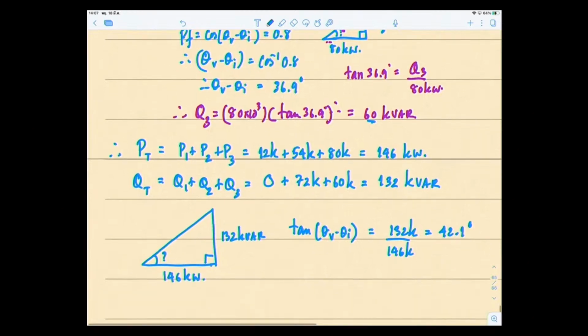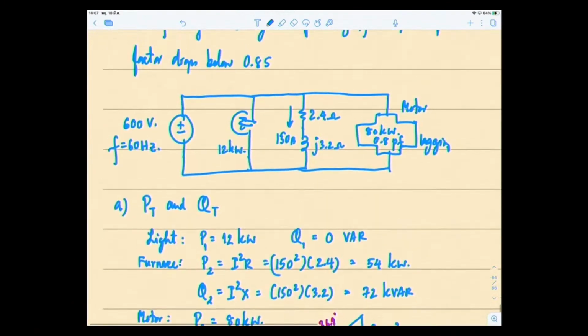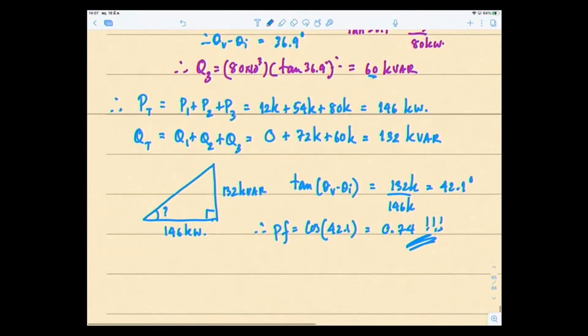So now that I have that angle, I can go back to my formula for power factor. Power factor is cosine of the angle of the triangle, so cosine of 42.1, and the answer is 0.74. What was the question? 0.85, so it's below 0.85.